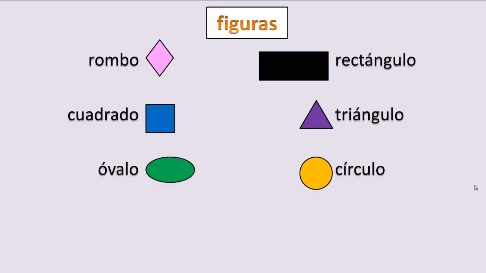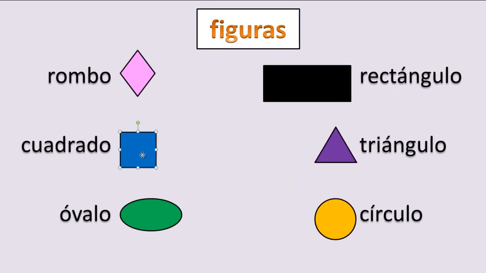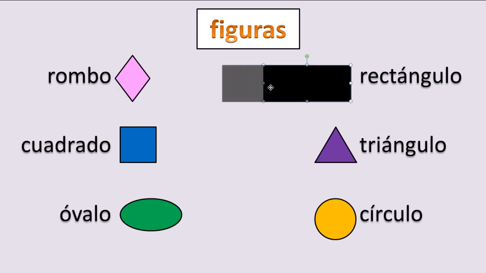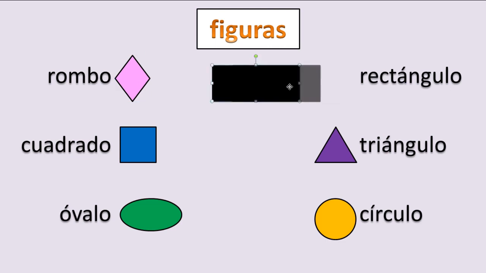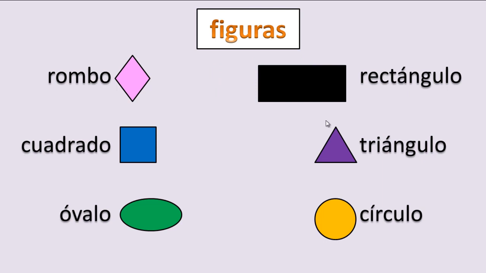So just to make sure that you know all of these shapes in English, let's go through them. This is a square. Cuadrado. Diamond. Rombo. Rectangle. Rectángulo. Triangle.